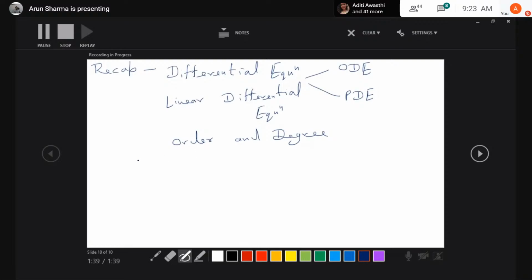Then I defined exact differential equation. Not only defined, I told you how to solve exact differential equation and non-exact differential equation.